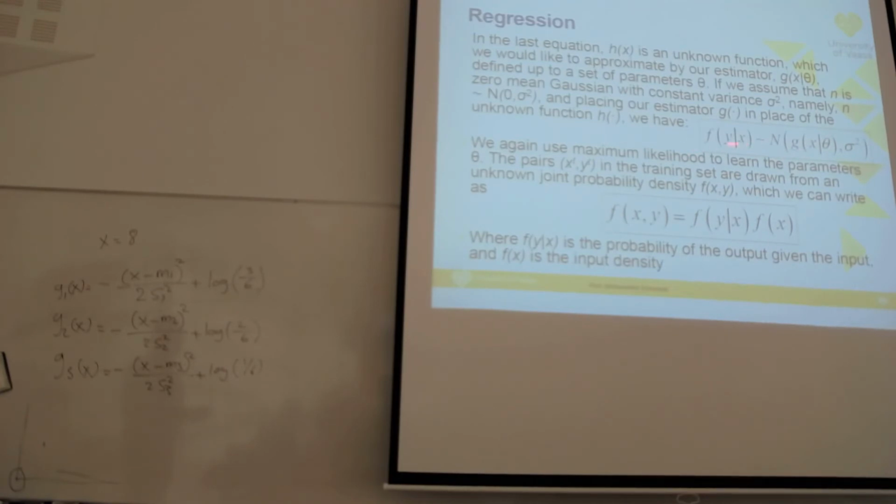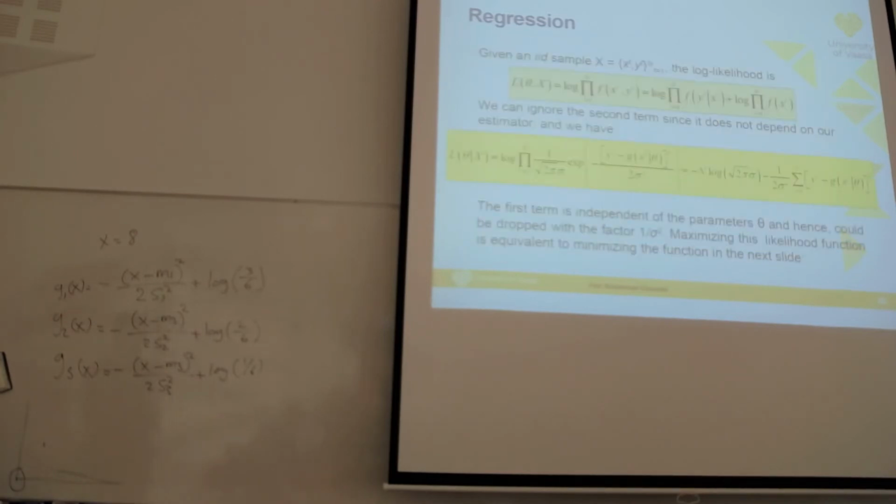Now we have this joint distribution of y, the observation, given the data x. We know that the joint distribution between x and y can be expanded in this way. And finally, we can build the log likelihood function, the log of the multiplications, because we assume the data are independent, and then it becomes the summation of the logs, as we know.